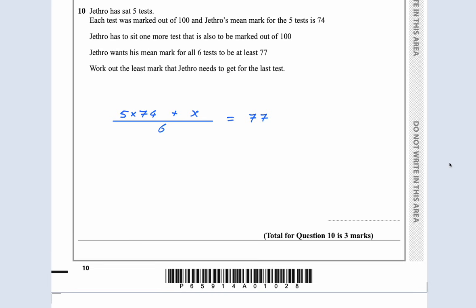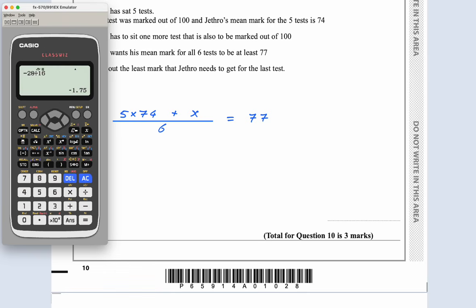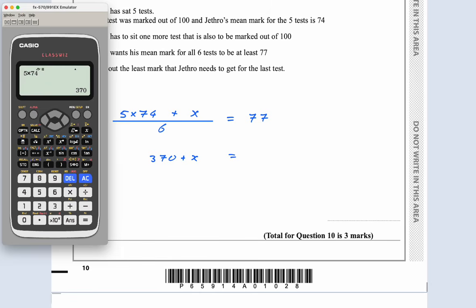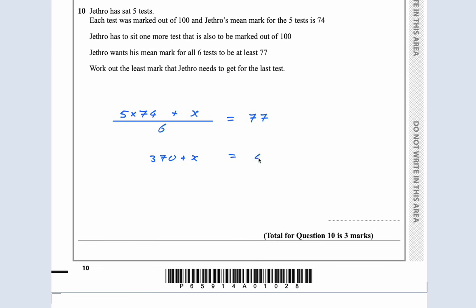So 5 times 74, I think I'll need the calculator for that. 5 times 74 is 370. 370 plus x, and then in one go I'm going to do 77 times 6. 77 times 6 is 462.